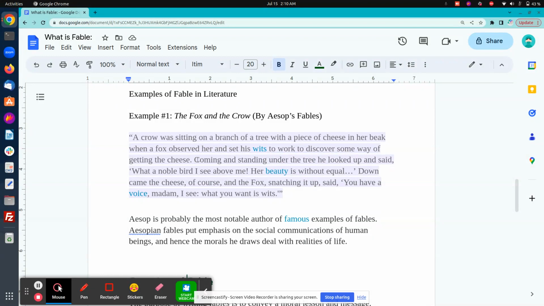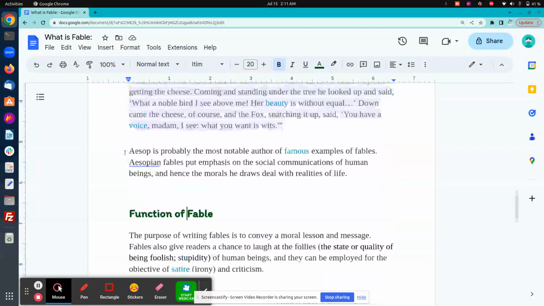There's a lot of thinking and logic here. Coming and standing under the tree, he looked up and said, "What a noble bird I see above me. Her beauty is without equal." Down came the cheese, of course, and the fox, snatching it up, said, "You have a voice, madam. I see what you want is wits."